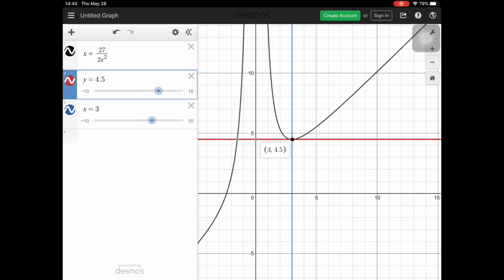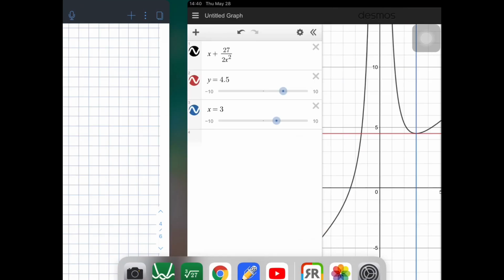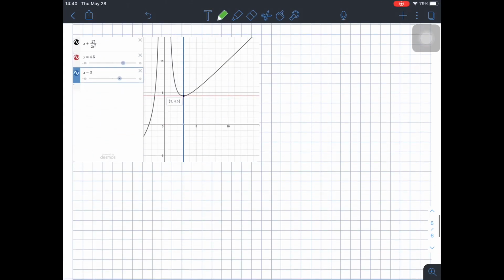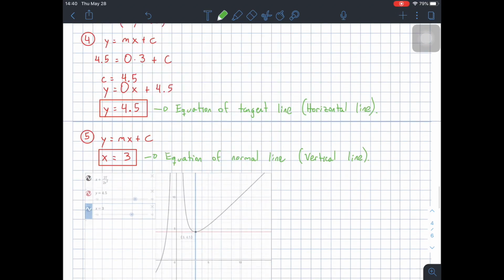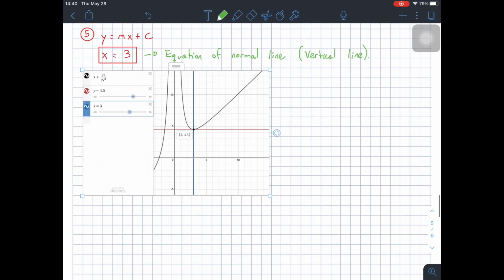It has to touch it at that point, yes? It doesn't matter if it cuts it somewhere else. That's basically the concept of a tangent line. Okay, so I'm going to put the image here for you to see the graph. I think this is clear enough.